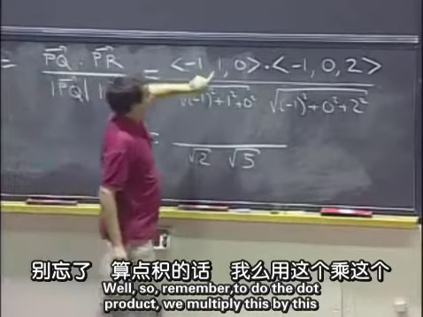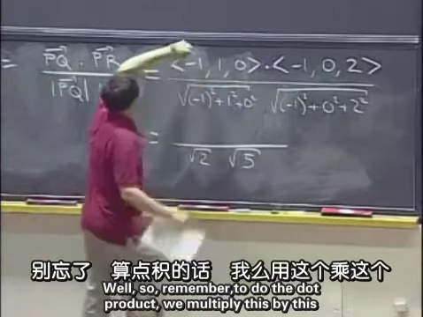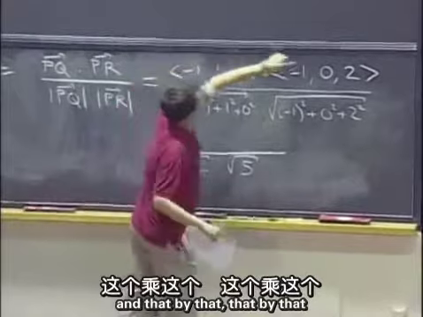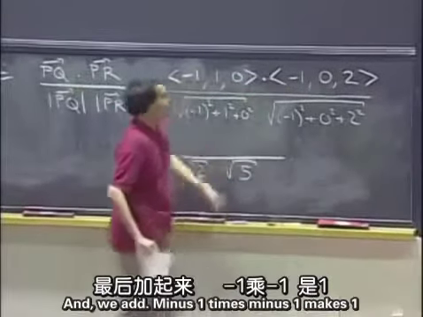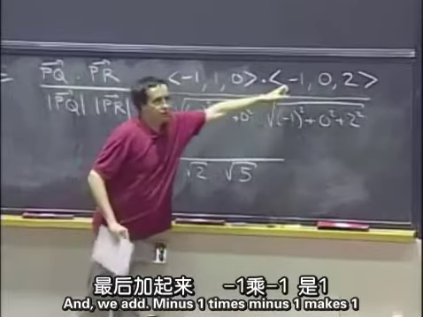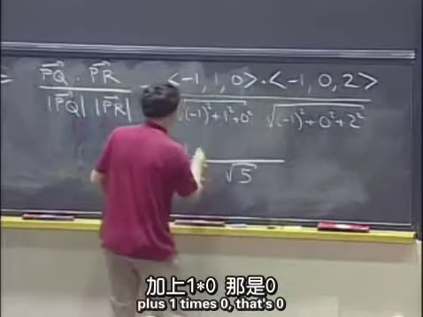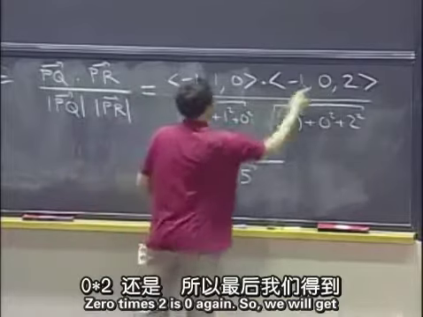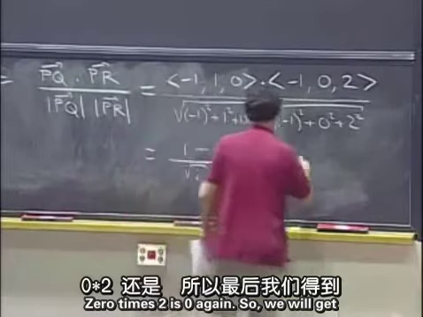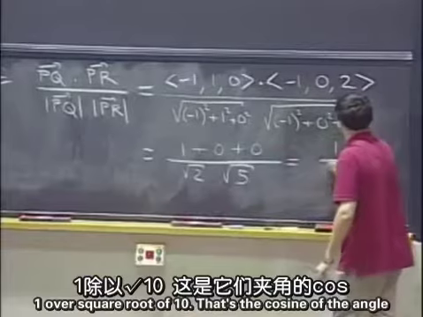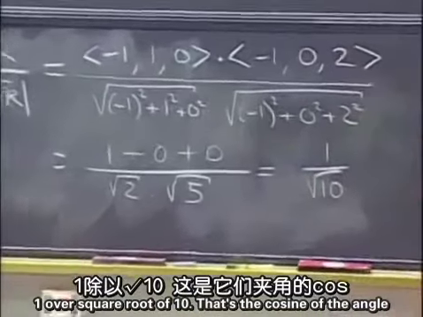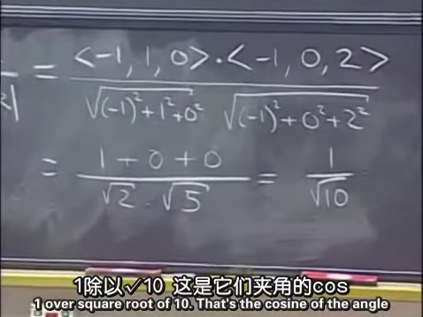Well, remember, to do the dot product, we multiply this by this, then that by that, that by that, and we add. Minus 1 times minus 1 makes 1. Plus 1 times 0, that's 0. 0 times 2 is 0 again. So we will get 1 over square root of 10. Okay? That's the cosine of the angle.